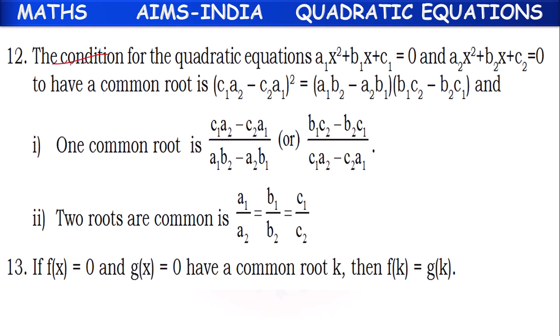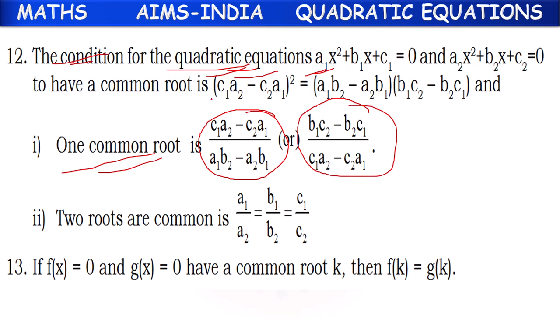So the condition for common roots is, one common root will be either this one or this one, because this is equal to this. Indirectly, if this is written as a product of two factors, the same factors, one will come down, one will go down, then this fraction will be equal to this fraction.